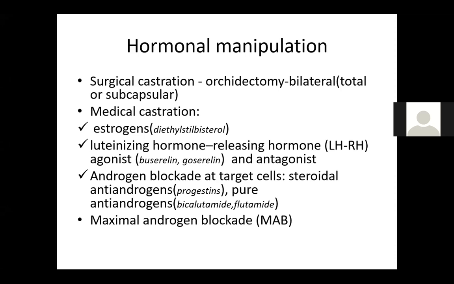Then we also have androgen blockade at the target cells. These are the ones we call anti-androgens, okay? You remember the question in the previous presentation, I was very clear. I said, no, anti-androgens are not used in BPH, but they are used in prostate cancer.